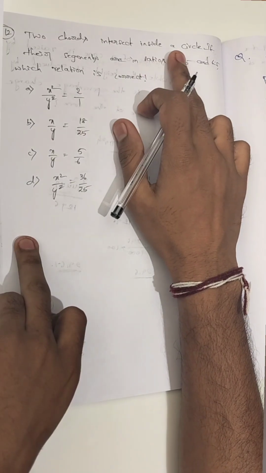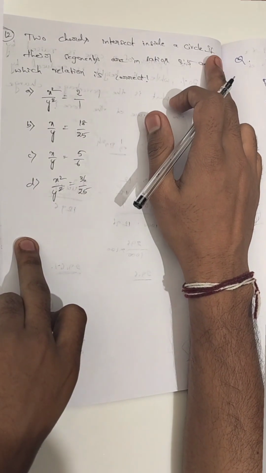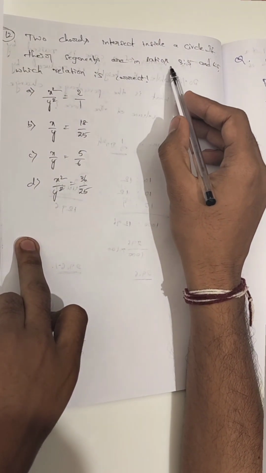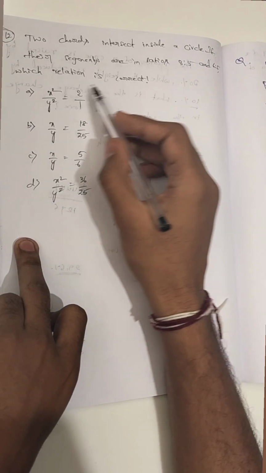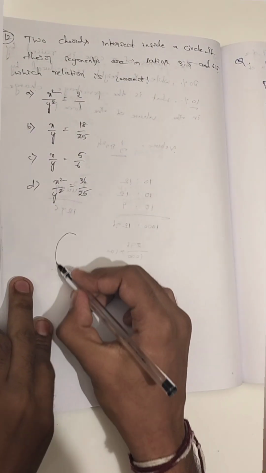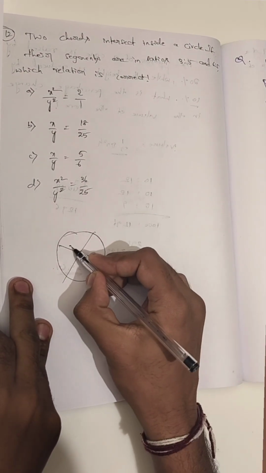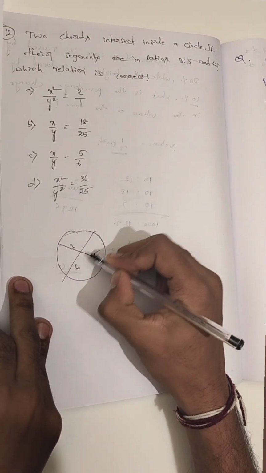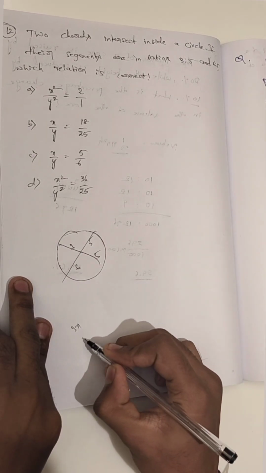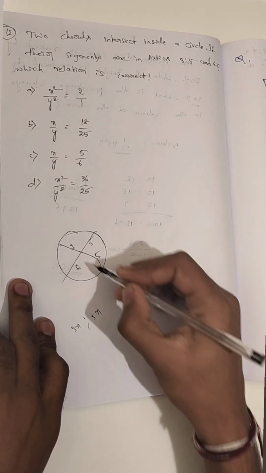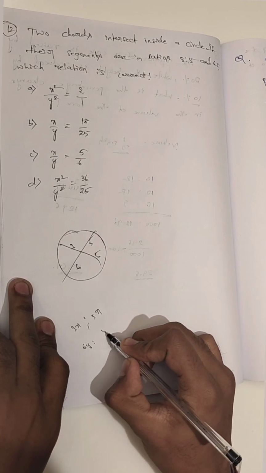Two chords intersect inside a circle, if their segments are in the ratio 3:5 and 6:5. Which relation is correct? I am going to draw the picture for this like this. 3:5 and 6:5. Let me assume 3x and 5x. Here it is 6y and 5y.